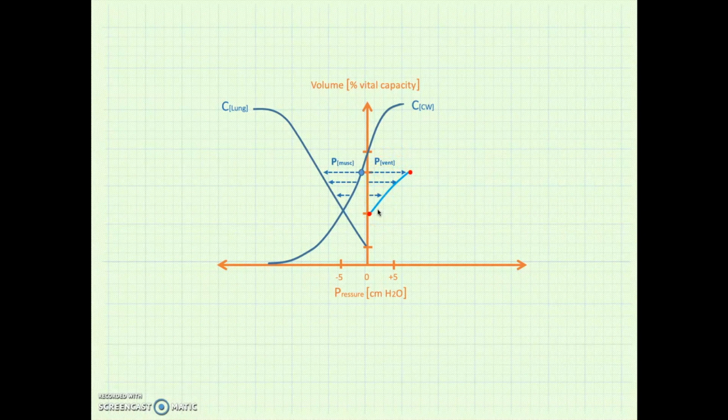So there is a problem with the patient not being able to expire the volume completely. And what that does is it increases the volume on the y-axis here. And now when you start your next inspiration, you're starting from this higher volume. You're not starting from functional residual capacity.